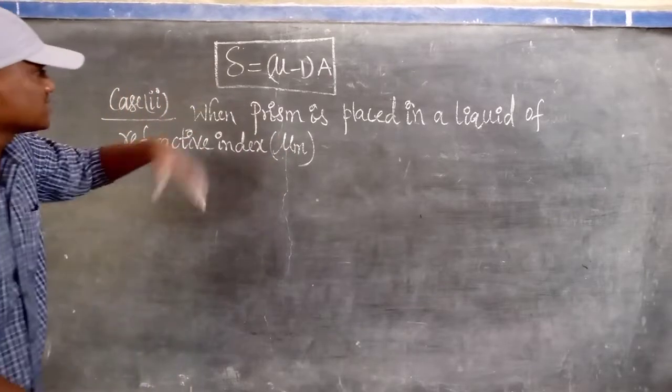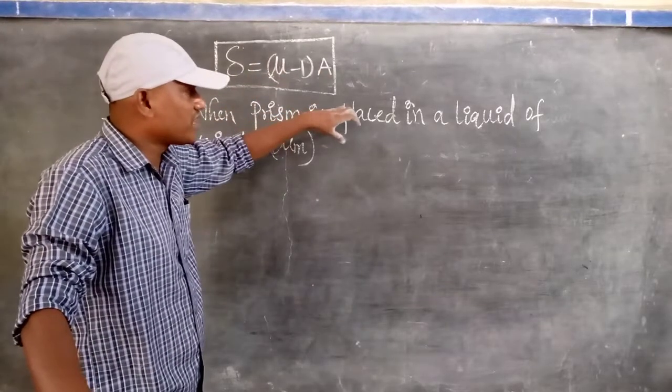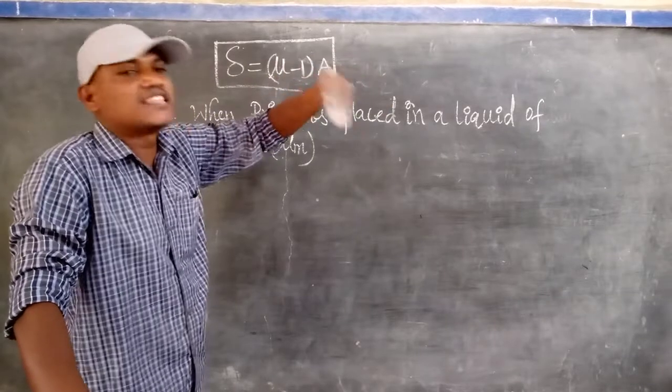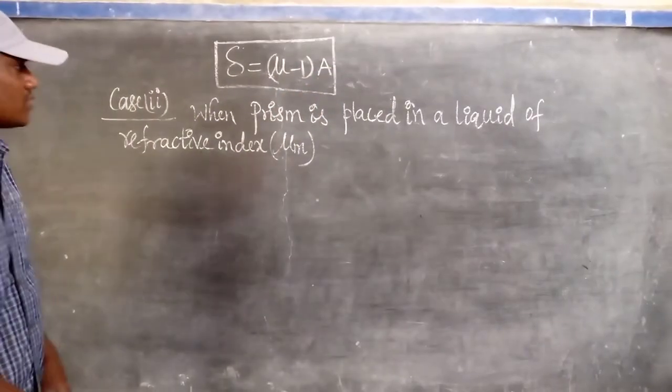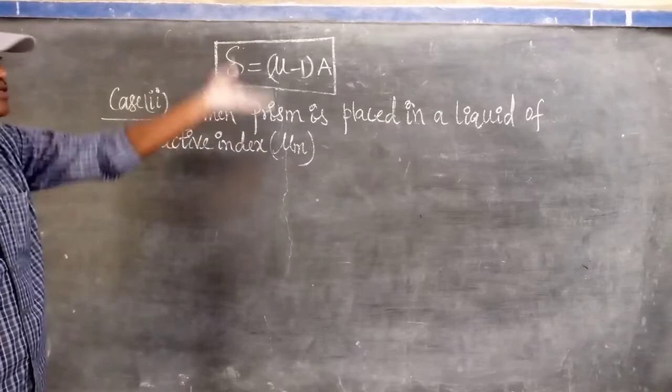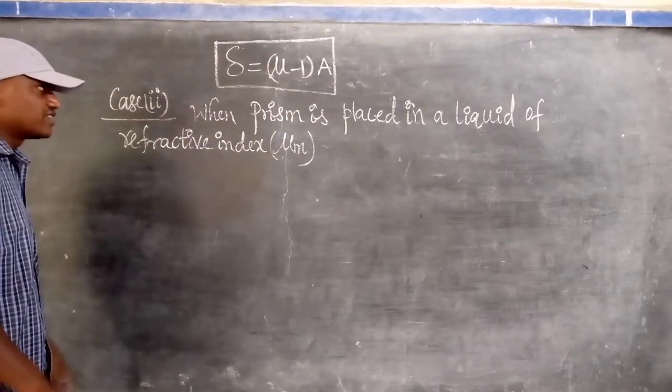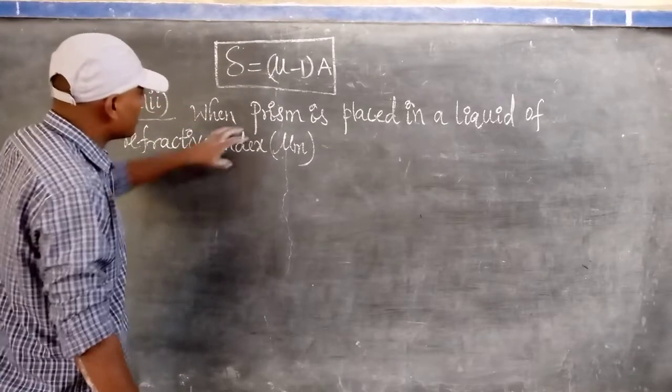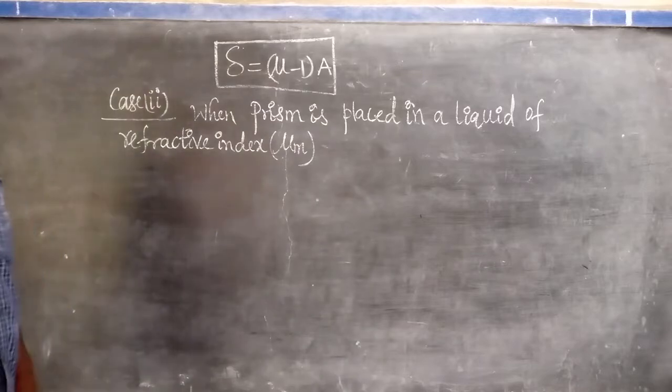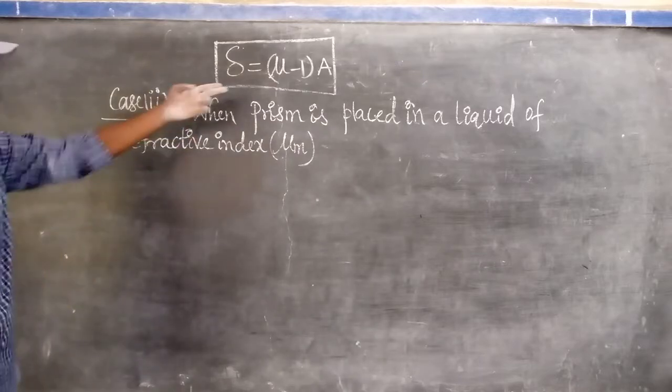Or sometimes they ask that when the prism is placed in another medium, not in air but in any other medium than air, that is one. During this type of condition, what is the deviation angle produced by the prism?